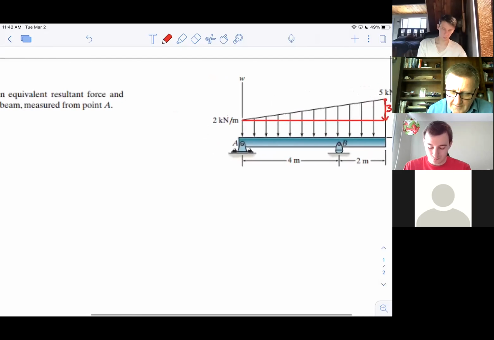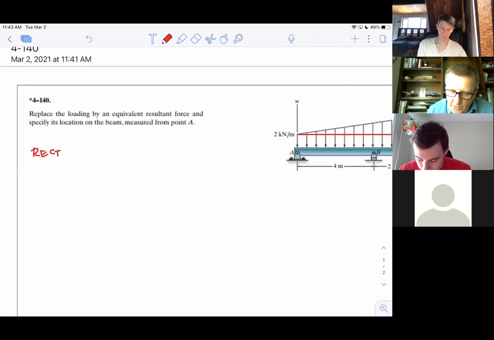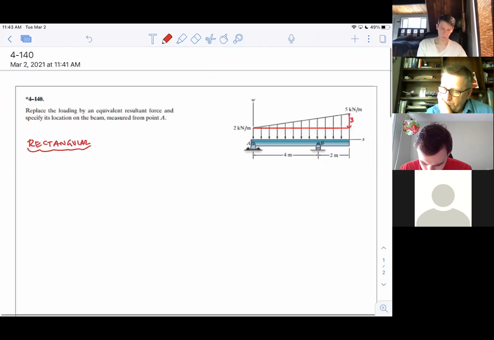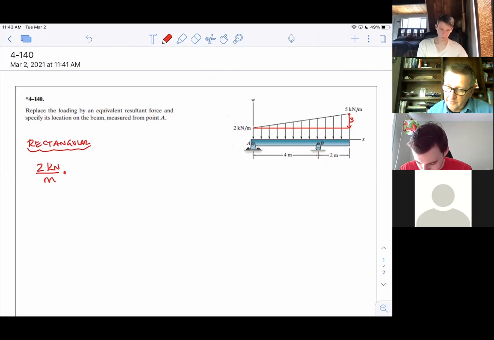So the rectangular portion of it, if I take 2 kilonewtons per meter times the fact that that load goes all the way across, which is 6 meters, then the meters cancel, and I end up with 12 kilonewtons of load.